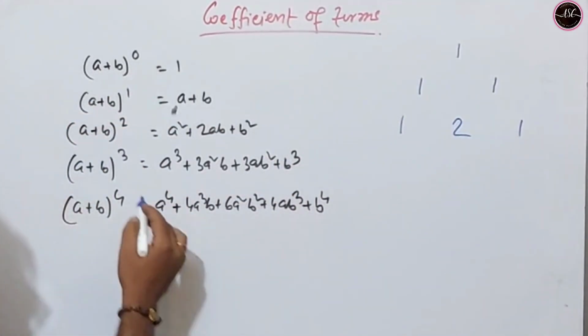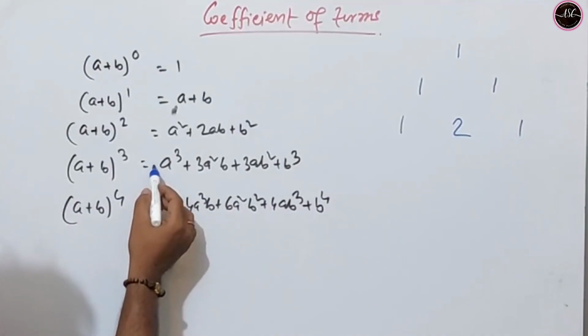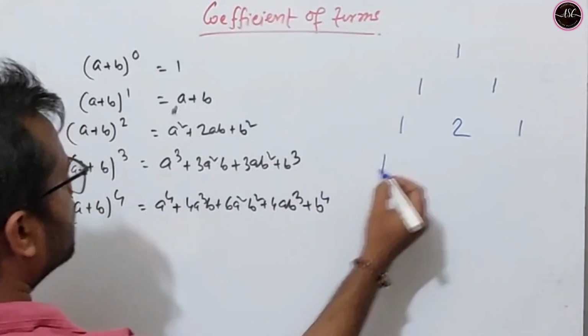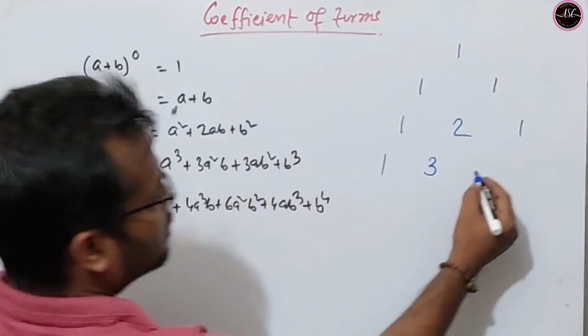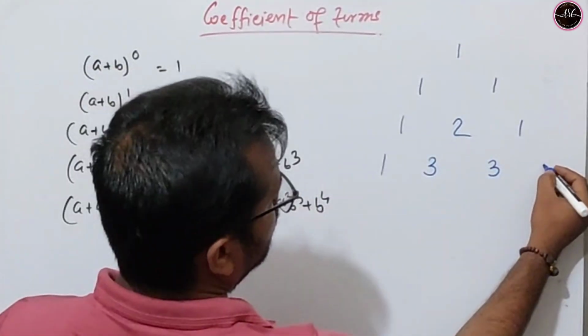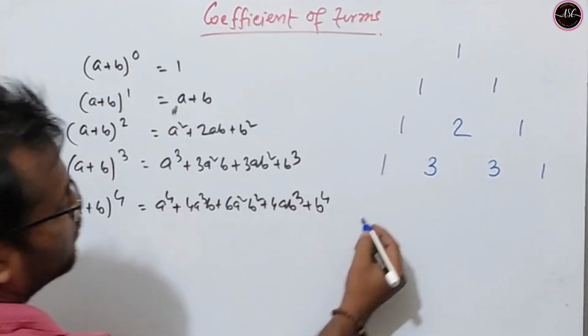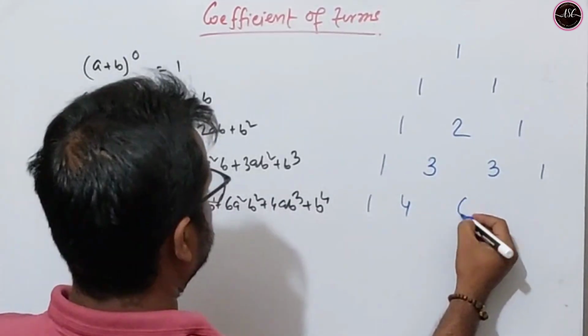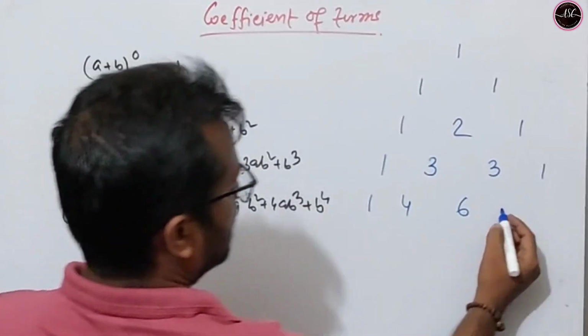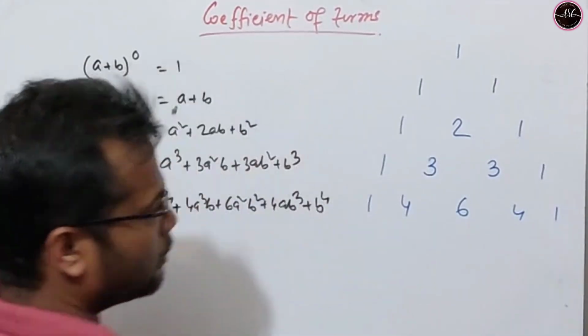Okay, here the coefficients of a cube plus b: 1, 3 for a square b, 3 for ab square, and 1 for b cube. And similarly a to the power 4: 1, a cube b 4, a square b square 6, ab cube 4 and b to the power 4, 1.